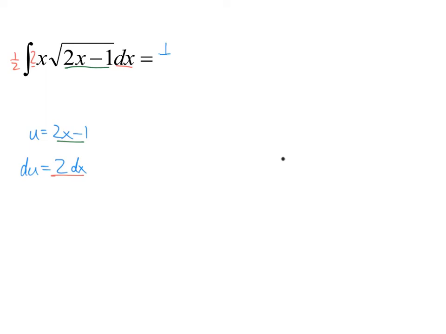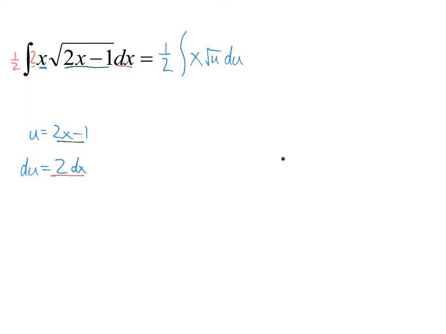And this one throws another little wrinkle at us because I have the square root of u and I've got the du, but there's this extra x in here. And no, there's no way to integrate it if we have an x and a u. We have different variables mixed in there. Does anyone have an idea of how we could handle this though?